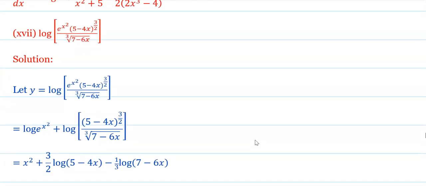Okay, now the next problem. y is equal to log of e raised to x square into 5 minus 4x raised to 3 by 2 upon cubic root of 7 minus 6x.